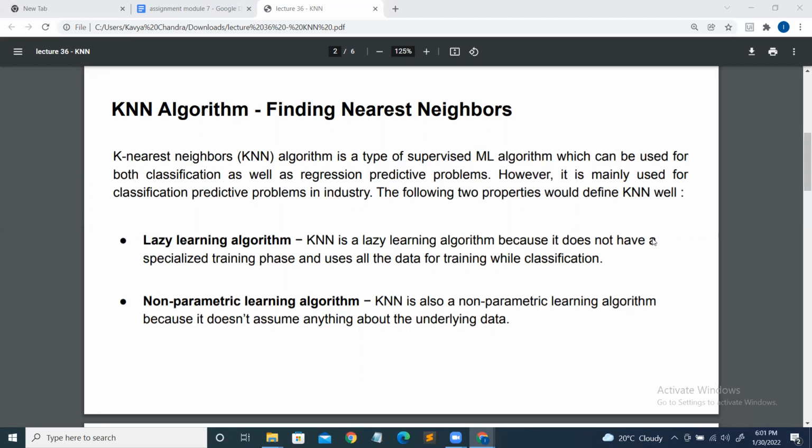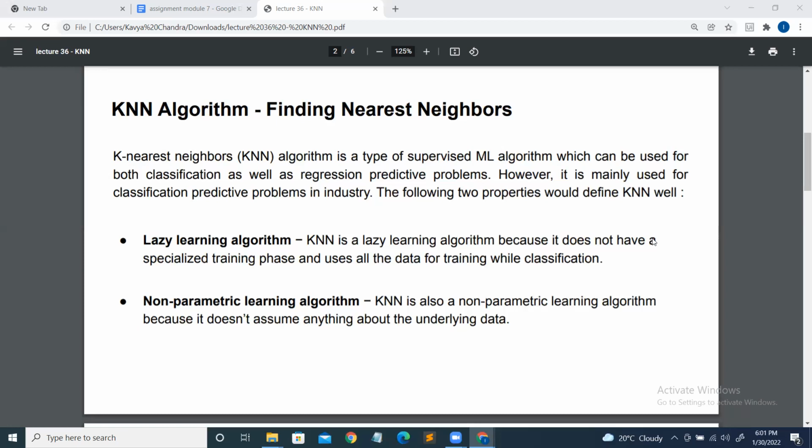There are two properties. One is that it is a lazy learning algorithm. That means it does not have a specialized training phase where you pick a sample and all that. It uses all the training data while classifying. Secondly, it's a non-parametric learning algorithm. That means it doesn't assume anything about the underlying data.